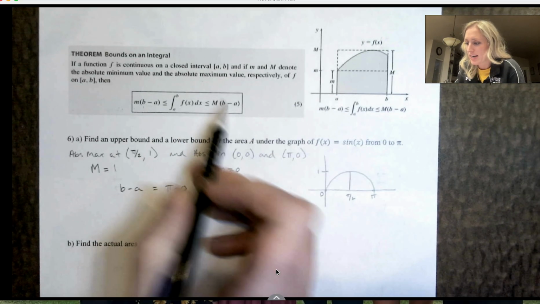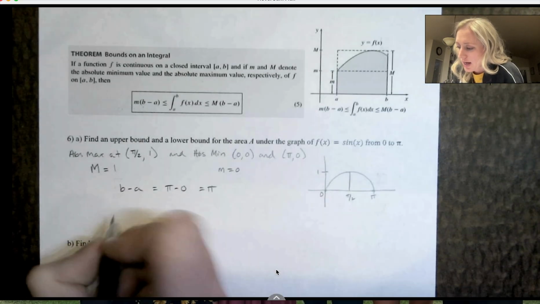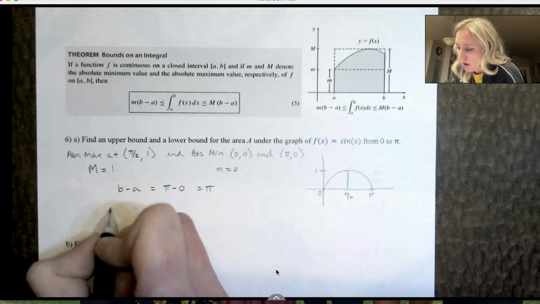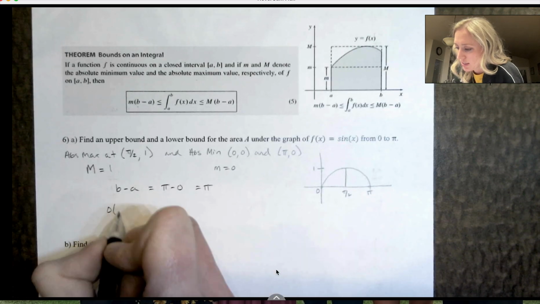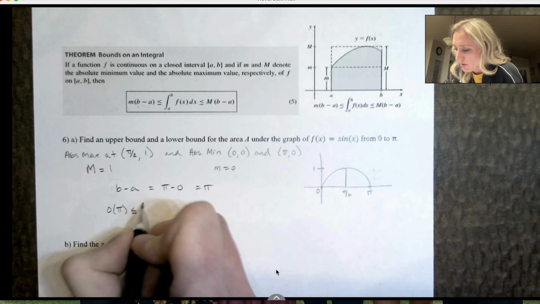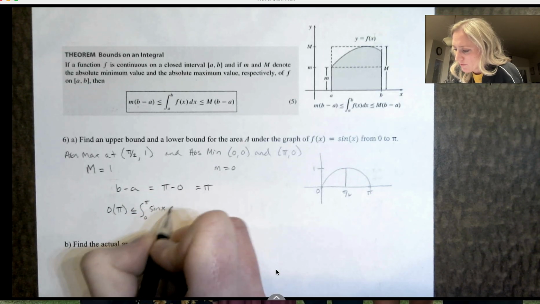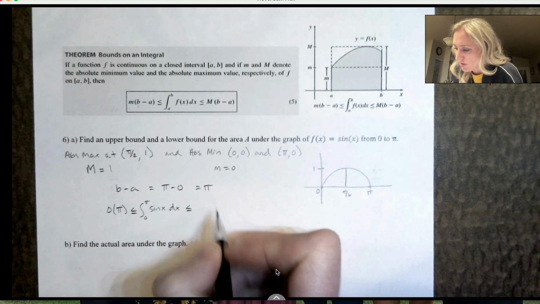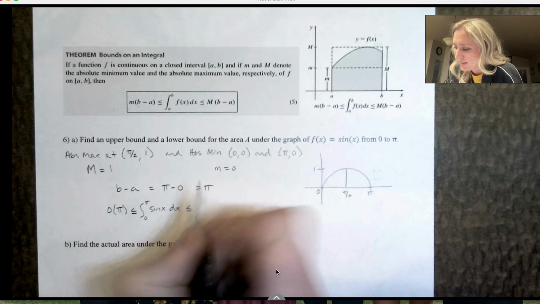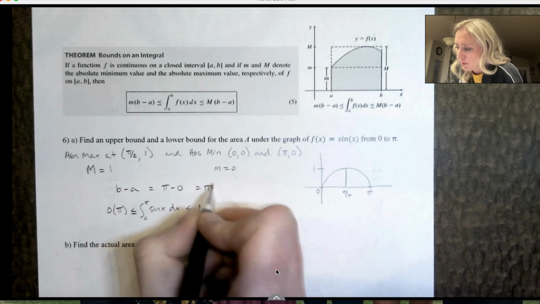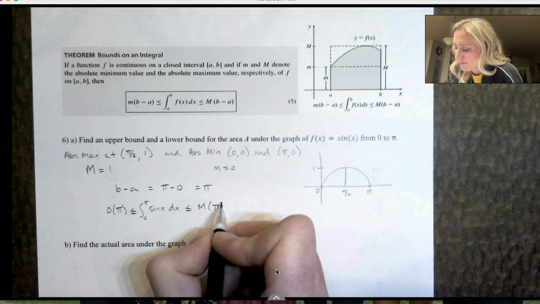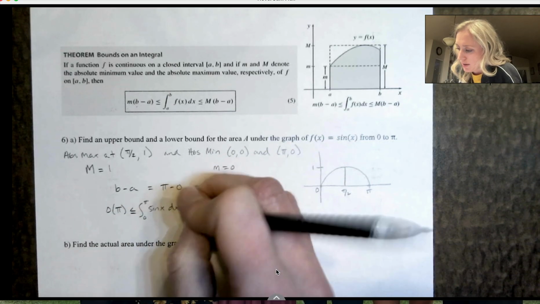Okay, so to write it in this way, we have little m, which is 0, times b minus a, which is pi, less than or equal to our integral from 0 to pi of sine x dx, which has to be less than or equal to our absolute max times our b minus a, which was pi. Sorry, our absolute max was 1.